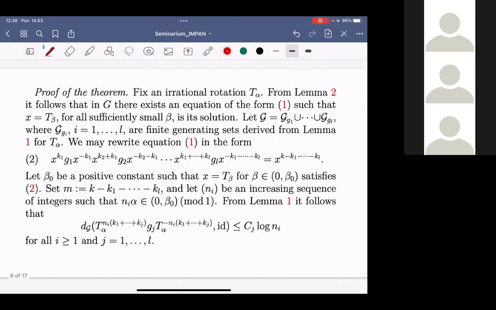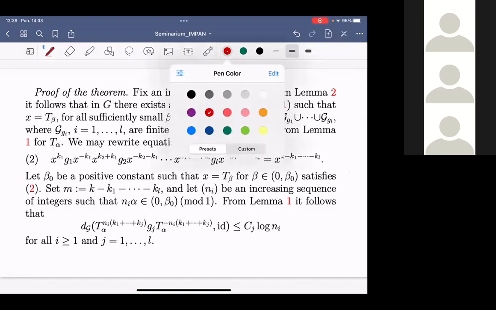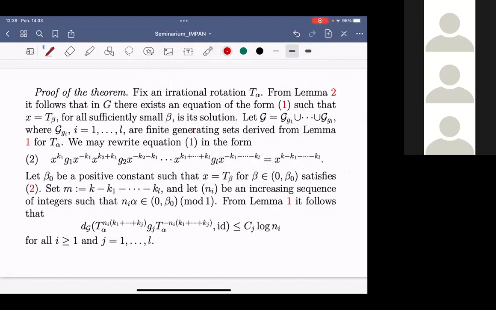Okay, so fix an irrational rotation T_alpha. From lemma 2, we know that in G there exists an equation. I will write down this equation here. This will be the equation, as you remember: x^{k_1} g_1 x^{k_2} g_2 up to x^{k_L} g_L is equal to x to the power k.